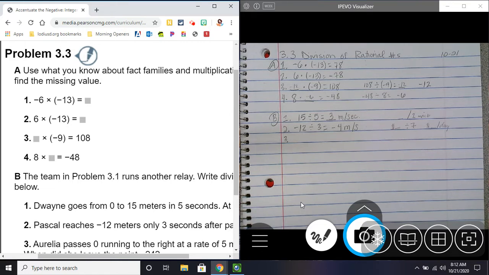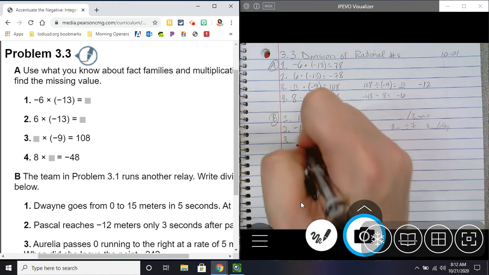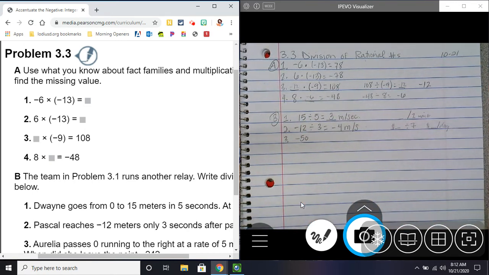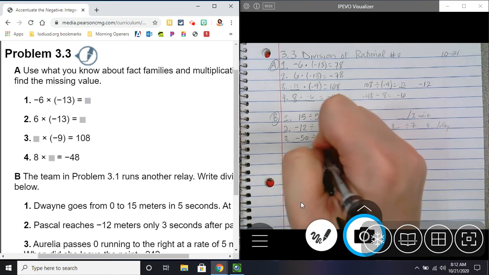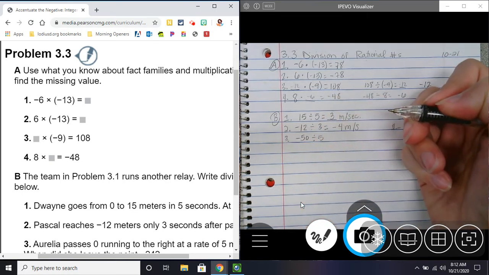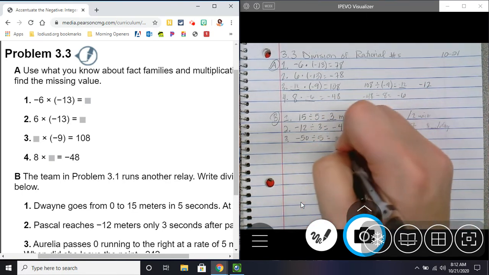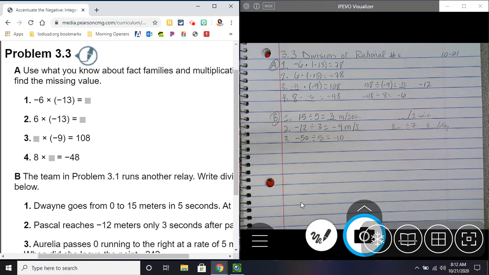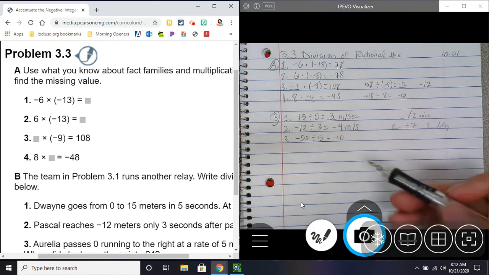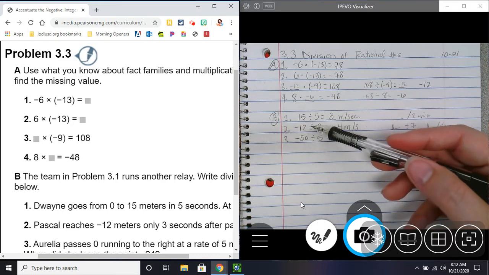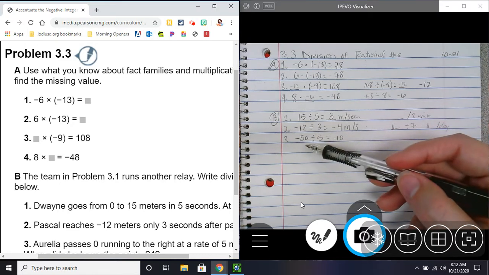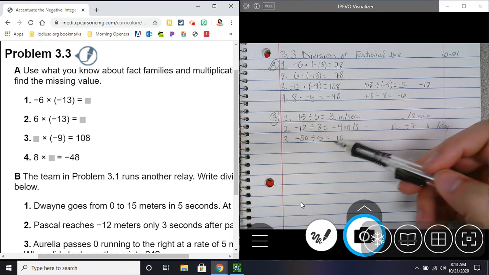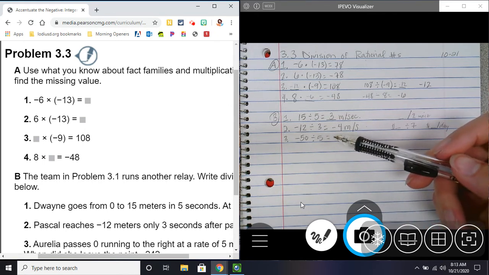And so we're going to do, when did they leave or pass the 50-meter mark? 5 seconds. And you're going to get -10, which means that Aurelia left the point of -50 10 seconds before she passed 0, because this is still negative, right? So we're still not past 0.